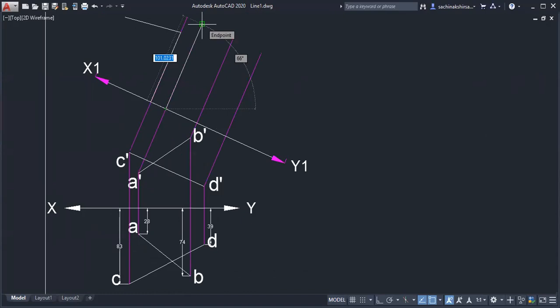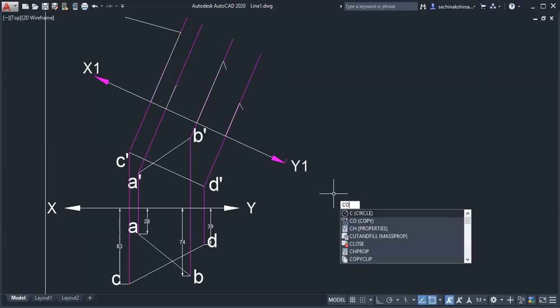So you can get that point, and whatever points are there, you can get them. Here you can mark the distance, and for all the points, you can give names.